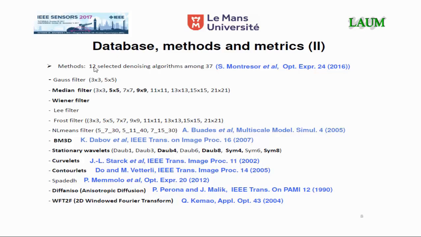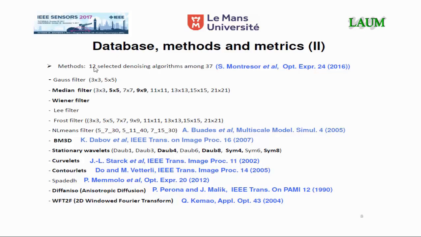The synthetic aperture radar class with Lee filter and Frost filter, and what we can call the patch-based methods, which are NL-means filter, BM3D, and the SPADED-H algorithm, which is based on sparse consideration.